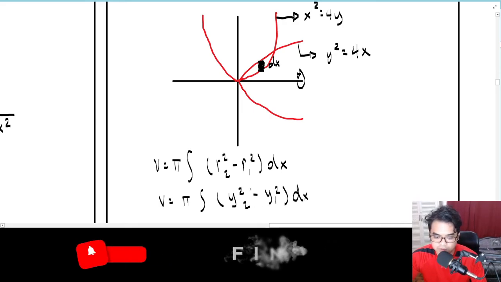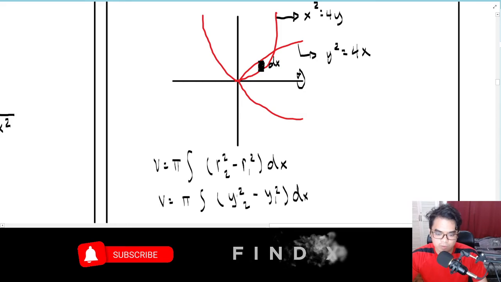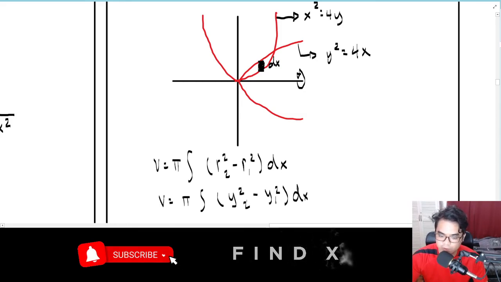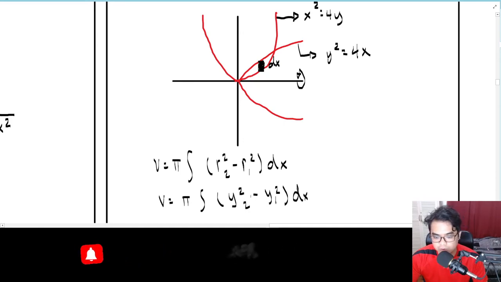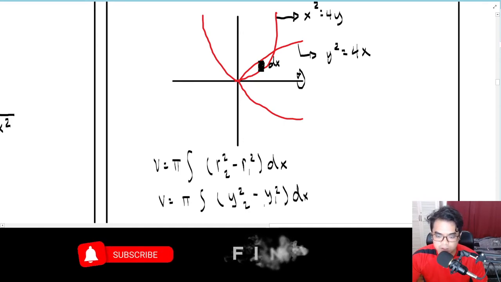In this case, all you have to do is get the values of y2 and y1, and then all you will be left with is in terms of x. And this is simply upper minus lower.